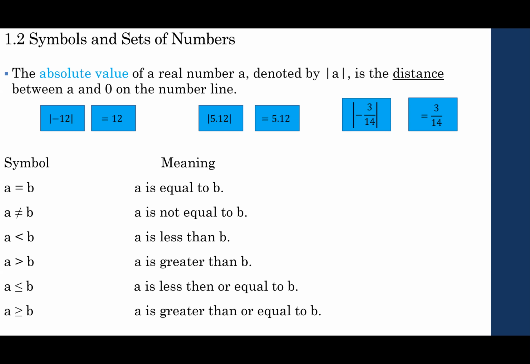Hopefully you see that this is somewhat like a review. So, question before I continue in terms of the terminology: the natural number, the real number, the integer, the counting number, the whole number, and the symbols that we have here for the inequality.